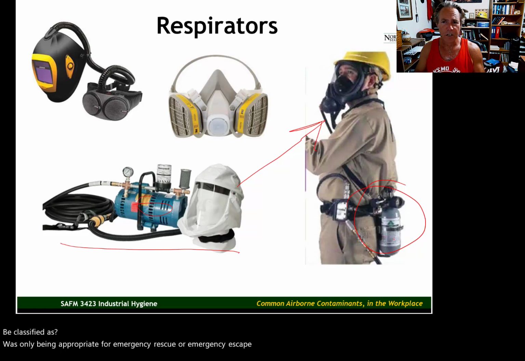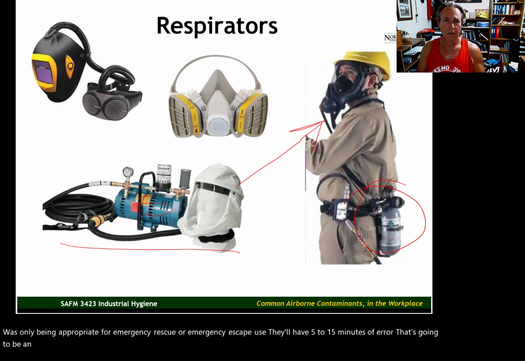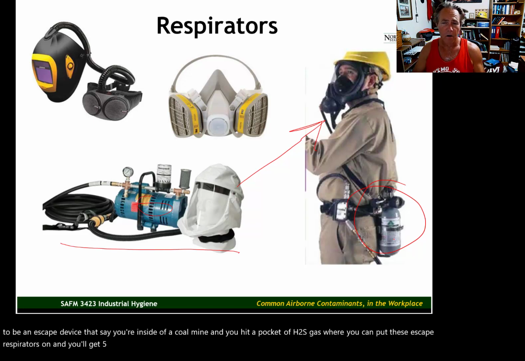If they only have 5 to 15 minutes of air, that's going to be an escape device. Say you're inside of a coal mine and you hit a pocket of H2S gas. Well, you can put these escape respirators on and you'll have 5, 10, 15 minutes of air to get out of that area safely.